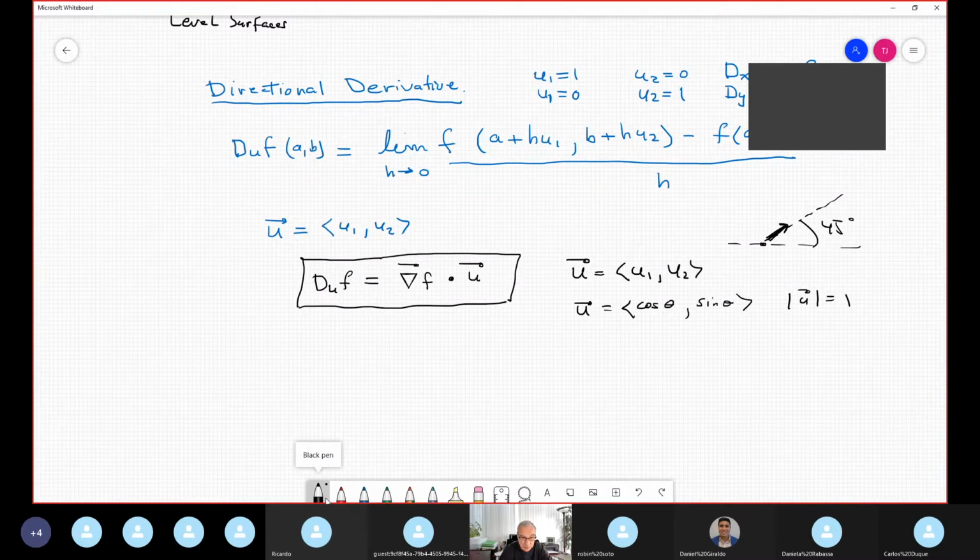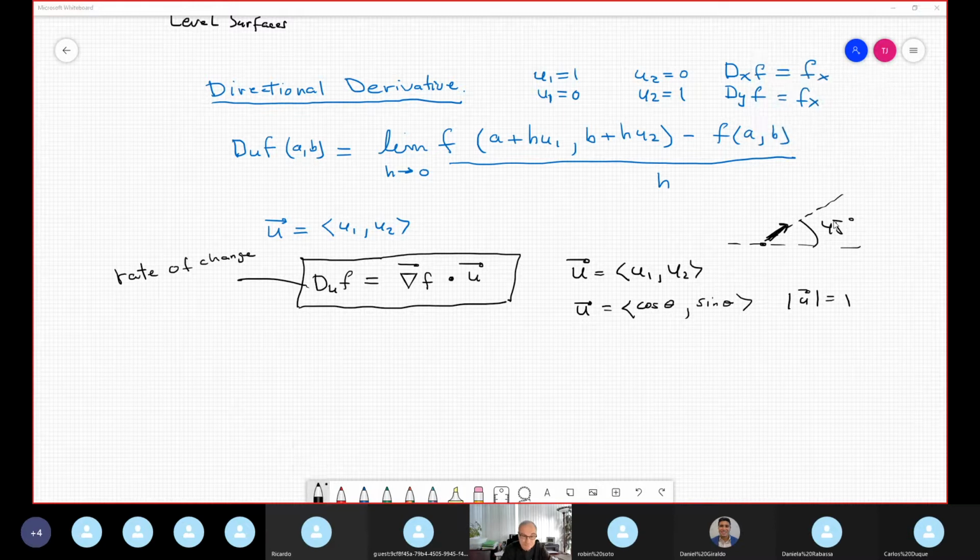The derivative is a scalar. It is a number, and this represents the rate of change of the function in one specific direction. Okay, suppose it is 20. It is positive 20, or if negative, it is decreasing. The same idea as Calculus 1, but now in multiple dimensions.